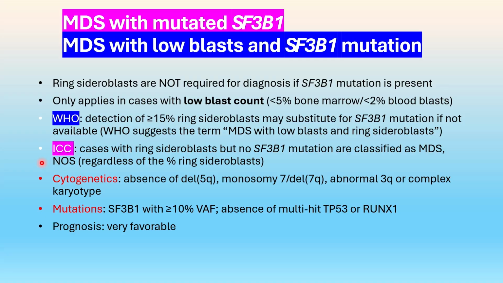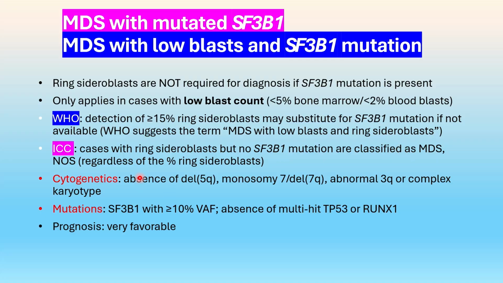But the ICC is more strict, and basically says that cases with ring sideroblasts but no mutation should be classified as MDS NOS, with the idea that it's the mutation that drives this entity, not the ring sideroblasts. The ring sideroblasts are helpful to suspect the presence of the mutation, but not the other way around.